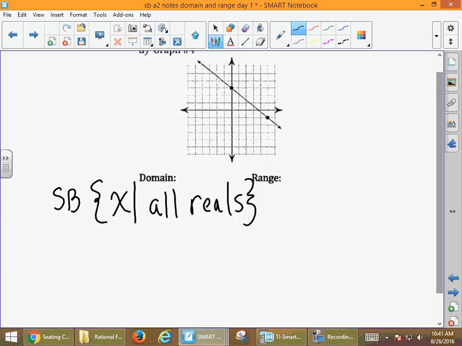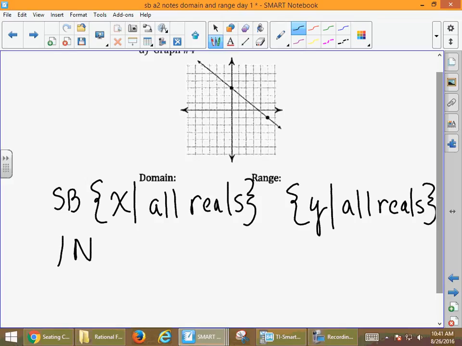So that means that x is allowed to be any possible value. But the range, for all values of y such that, the range is also allowed to be any y value. Anything. In terms of interval notation, we just saw it. Interval notation is negative infinity to infinity with parentheses and negative infinity to infinity with parentheses.